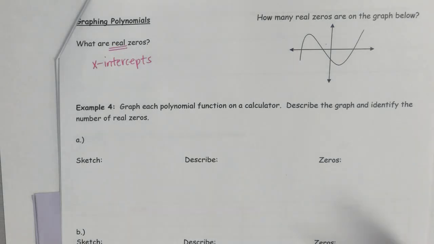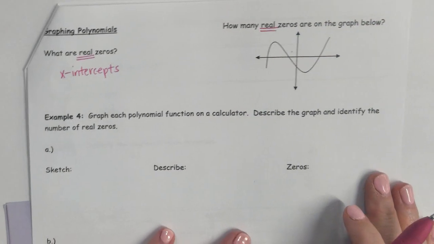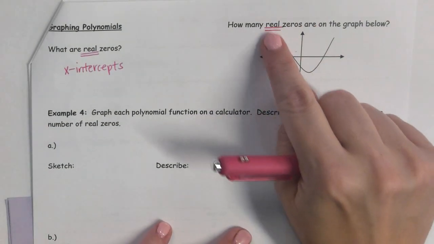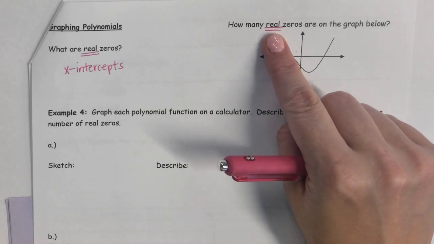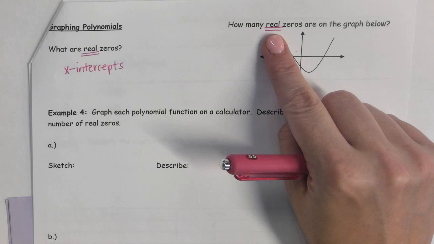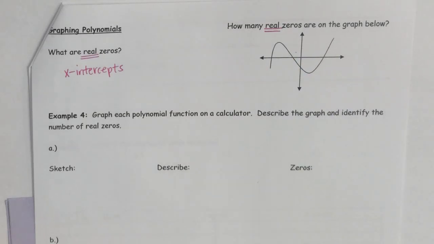This is asking you how many real zeros are on the graph below. Notice I keep underlining real, because what other types of zeros have we been finding? Imaginary. But imaginary don't show up on the graph. So how many x-intercepts are there?